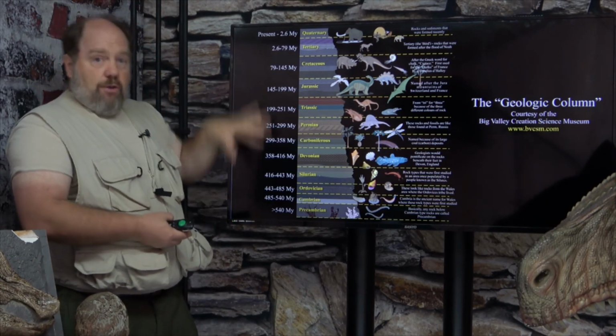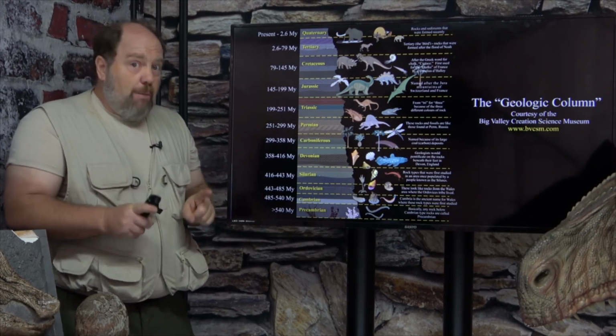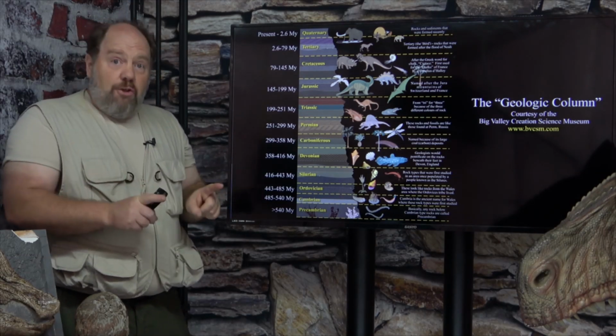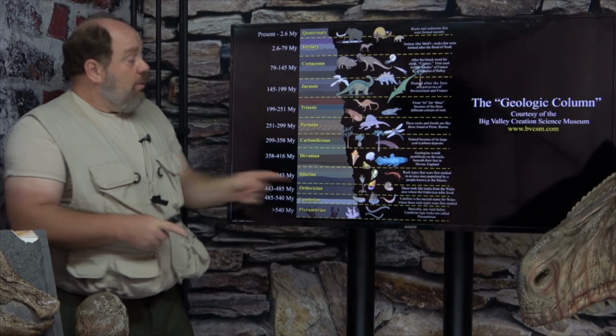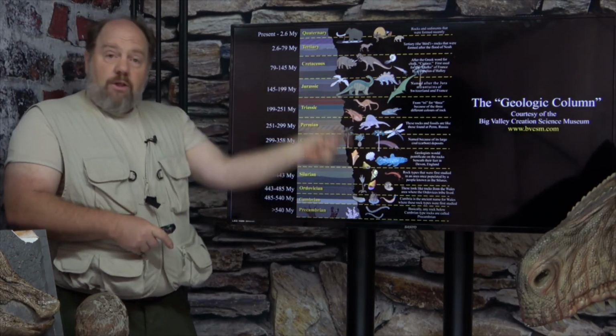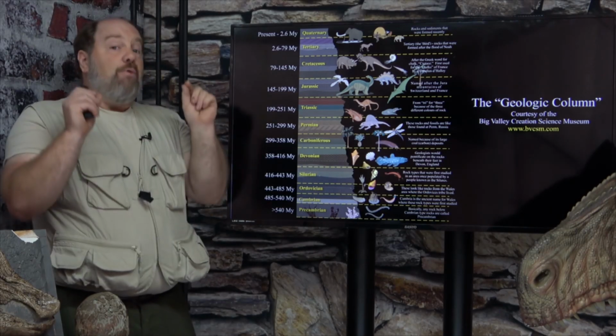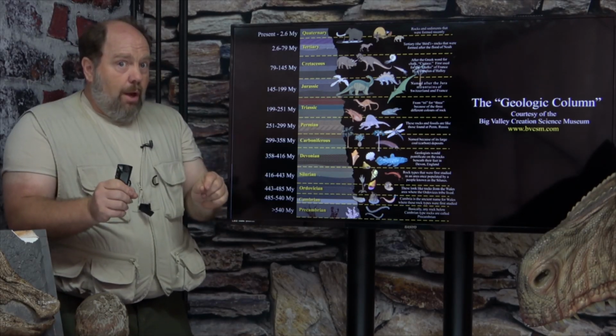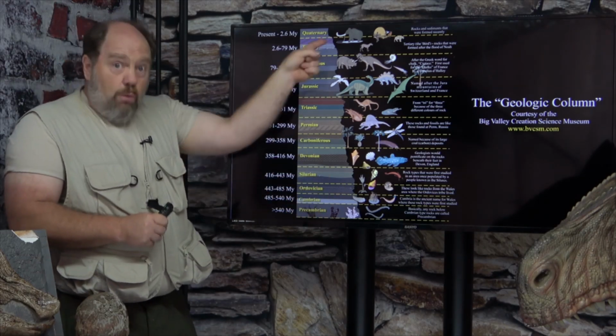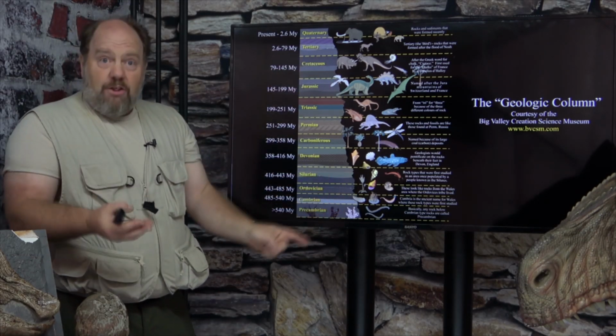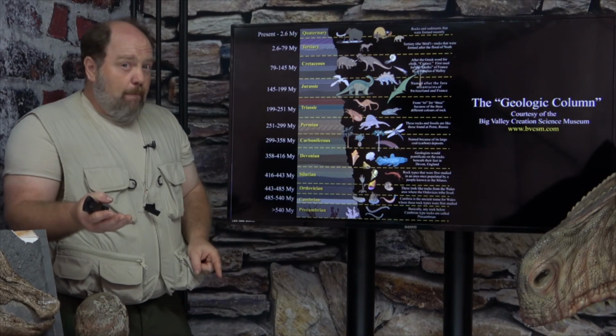Ultimately, all these ages come from evolutionary presumption. The ages are ultimately assigned to the fossils within the rocks, and the ages of the fossils are ultimately assigned by the presumption of evolution, and this presumed fossil sequence, which we've already seen, is actually fiction.